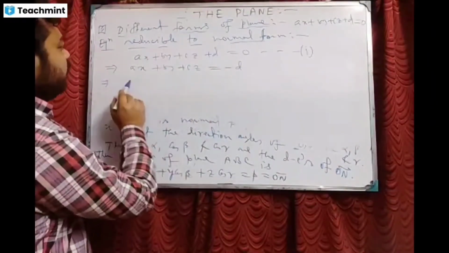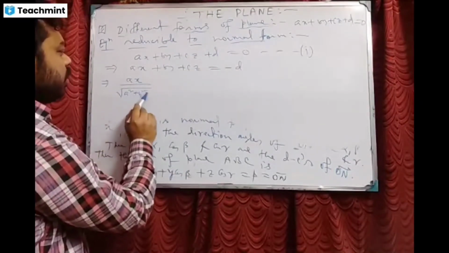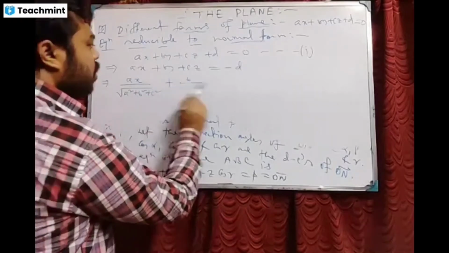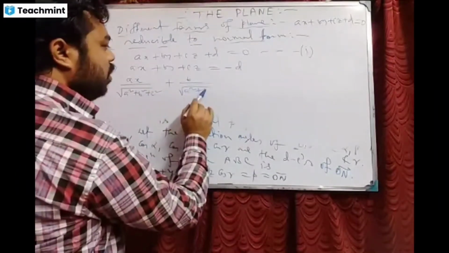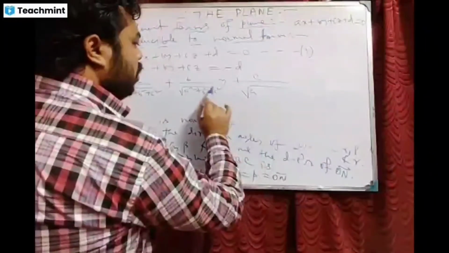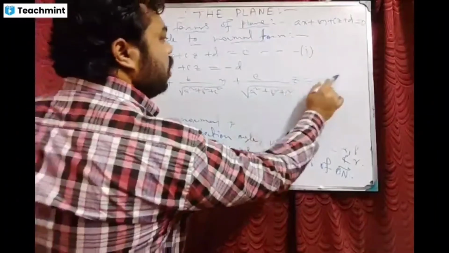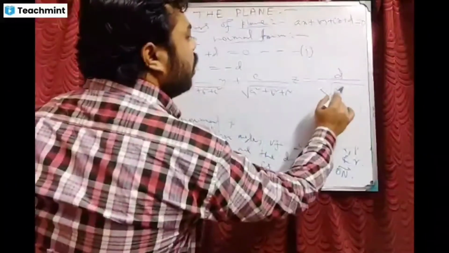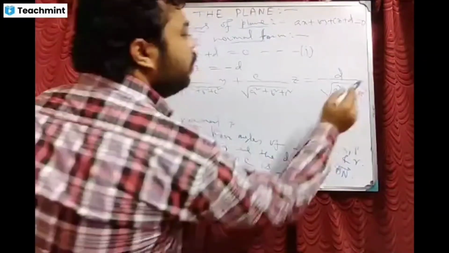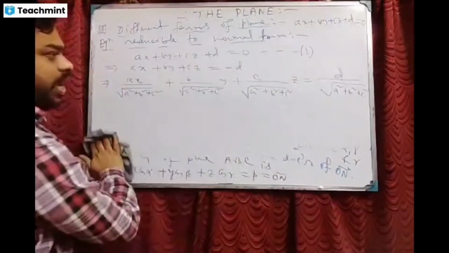Divide both sides by root over of a square plus b square plus c square.